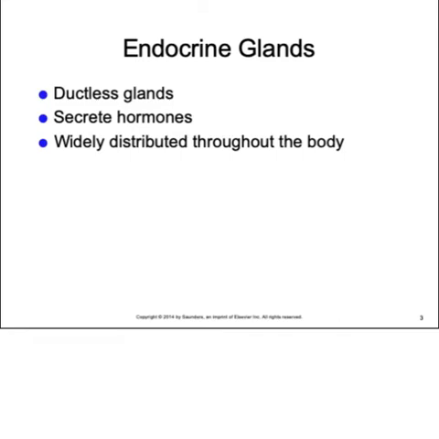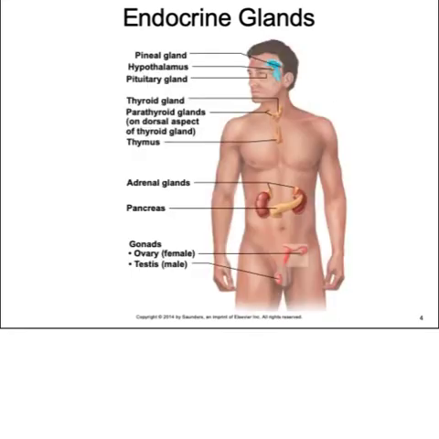If we look at the anatomy of the endocrine system, you can see here that the glands that are part of the endocrine system are throughout the body, starting up near the brain and ending down near the gonads. We could start up top and talk about what each of these does.